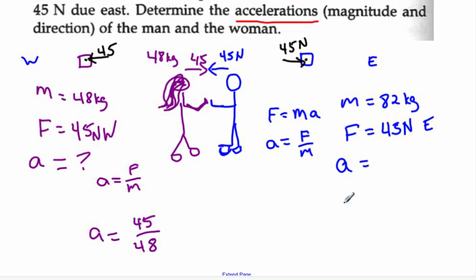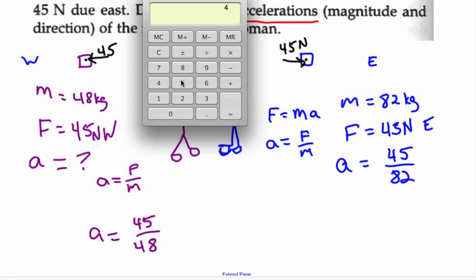The acceleration is going to be 82 divided by, oh wait, I flip-flopped it. It's going to be 45 divided by 82. And let's get out the calculator. 45 divided by 48 is going to give us an acceleration of 0.9375.